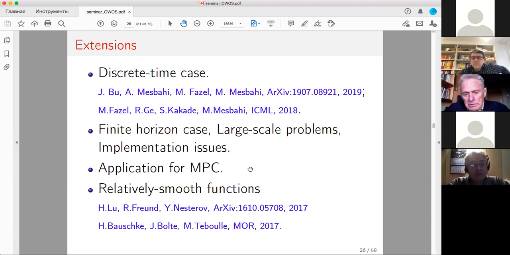For instance, in so-called MPC, model predictive control, we deal with quadratic approximation at each stage, and it's important to solve it maybe not in a very accurate way, but fast, and this approach can be used in this.